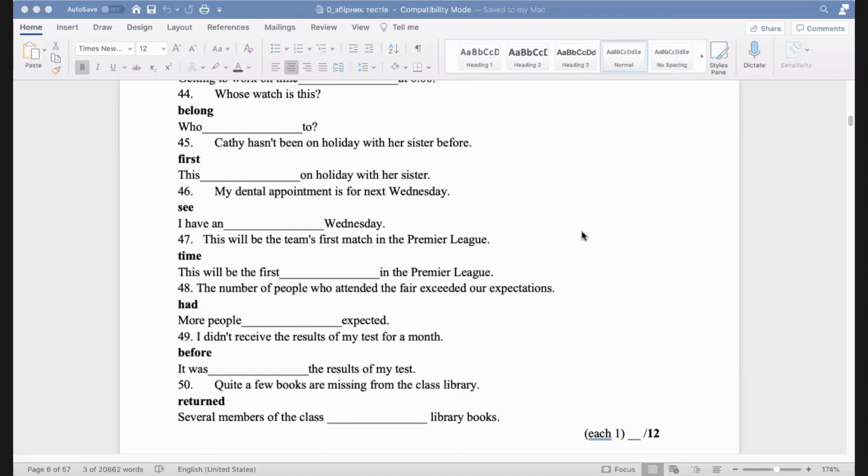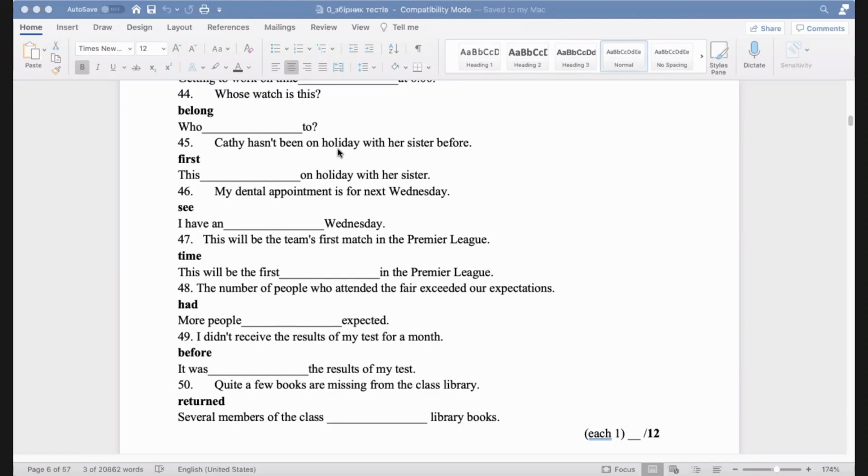Kathy hasn't been on holiday with her sister before. This is the first time Casey is on holiday with her sister. This is the first time.